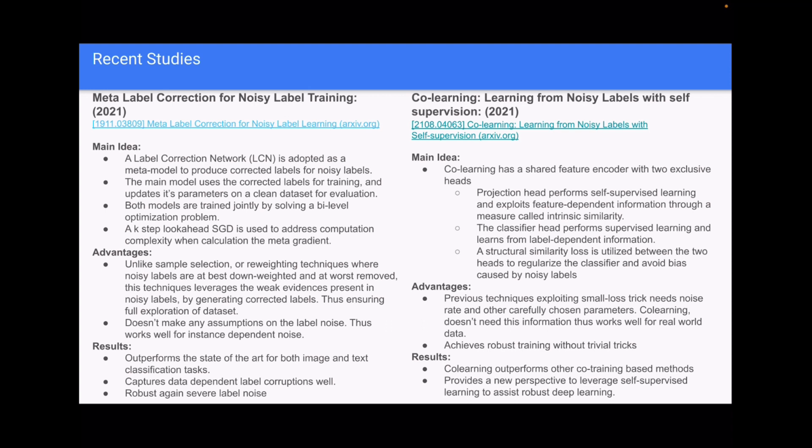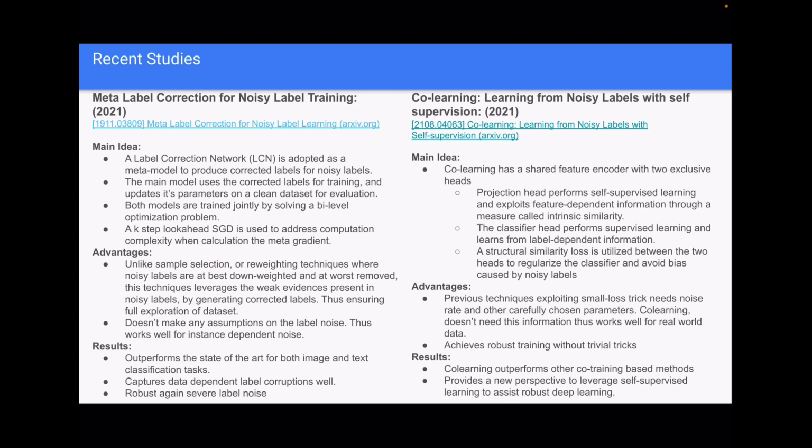The second paper I would like to discuss is Co-learning: Learning from Noisy Labels with Self-supervision. The main idea of this technique is to use a shared feature encoder with two exclusive heads. One head performs self-supervision to exploit feature-dependent information in the data through a measure that they call intrinsic similarity.